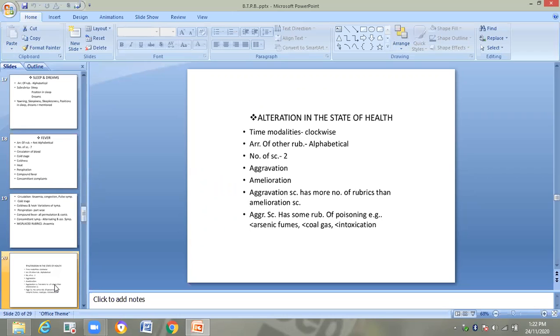The arrangement of other rubrics is alphabetical. There are 2 subsections in this section, that is aggravation and amelioration. The aggravation subsection has more rubrics than the amelioration subsection.